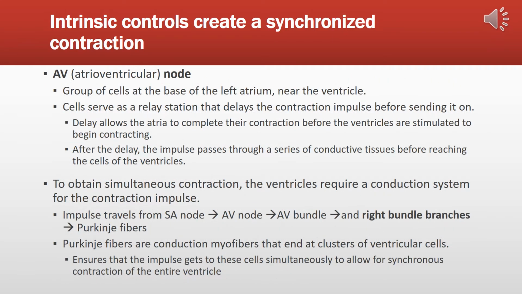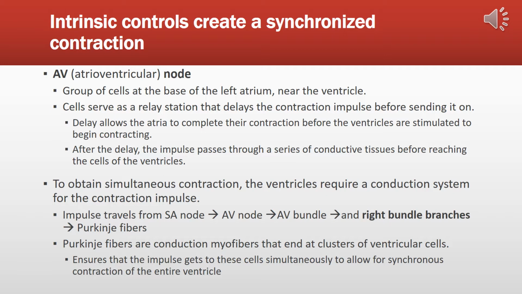Continuing with intrinsic controls, there's another node in the heart called the AV or atrioventricular node, and this is a group of cells at the base of the left atrium near the ventricle. These cells serve as a relay station that delays the contraction impulse before sending it on.